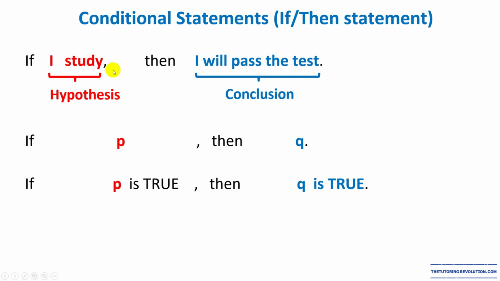If I study, this is true, then I will pass the test. And this is the way that we represent in mathematics this type of statements. We put P, an arrow, and Q. This means if P, then Q. Again, in this particular example, it would be if I study, then I will pass the test.